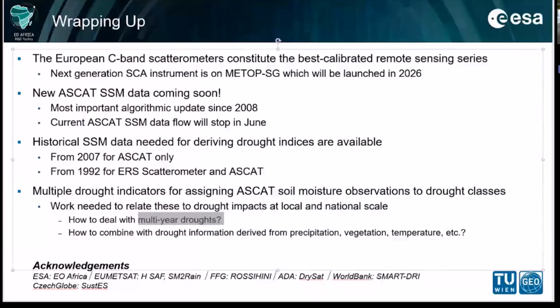Say if you look at soil moisture, you can imagine it's driven at the large scale by precipitation and evapotranspiration. So that means soil moisture in many cases has some autocorrelation over longer distances.